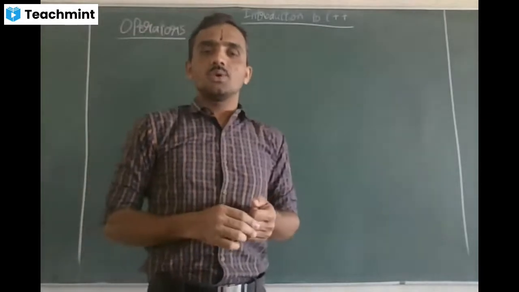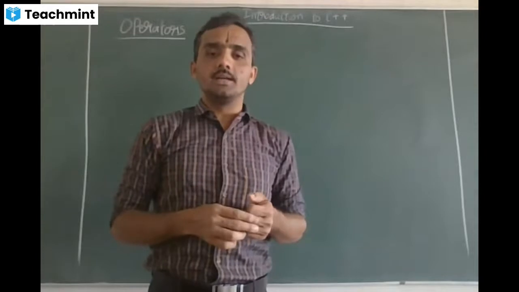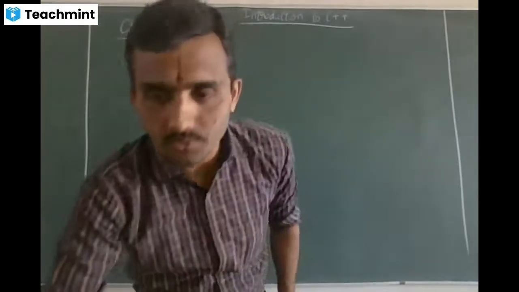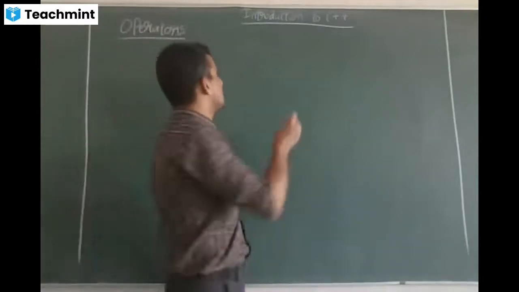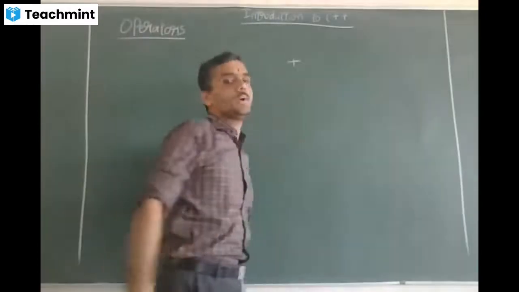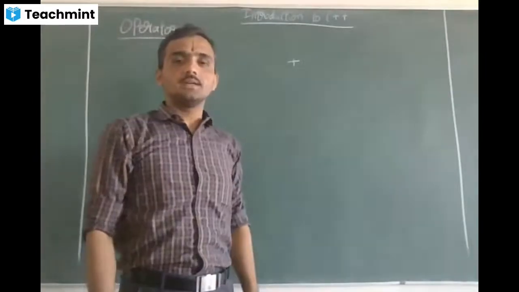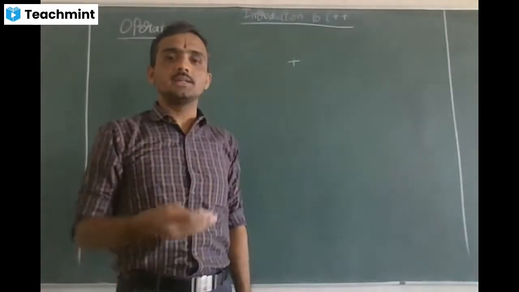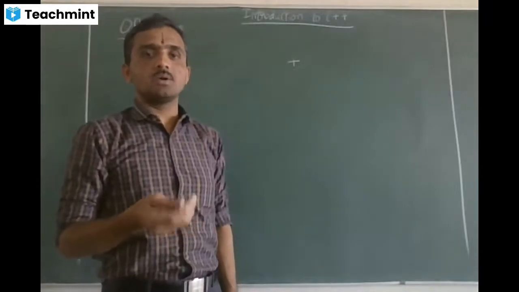If I want to use operators, I need one more thing. I think people have come across this in mathematics also. If I want to use the plus symbol, I cannot use it alone. I need something here, that is either a number or a variable.